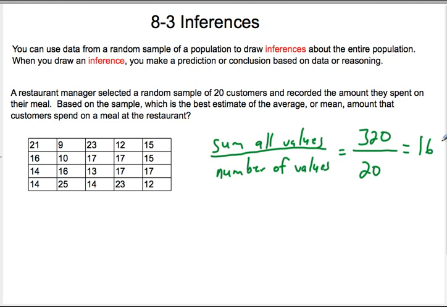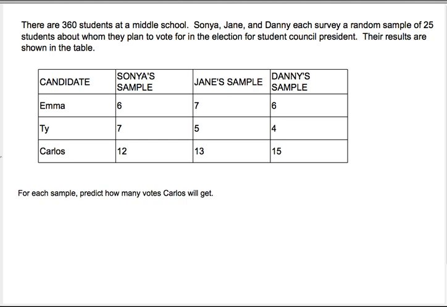And based on that sample, you can predict that all the customers would spend an average of $16. And so if you expect 100 customers to come in that day, you would expect to earn $1,600 or something like that. Let's go on to something else here.